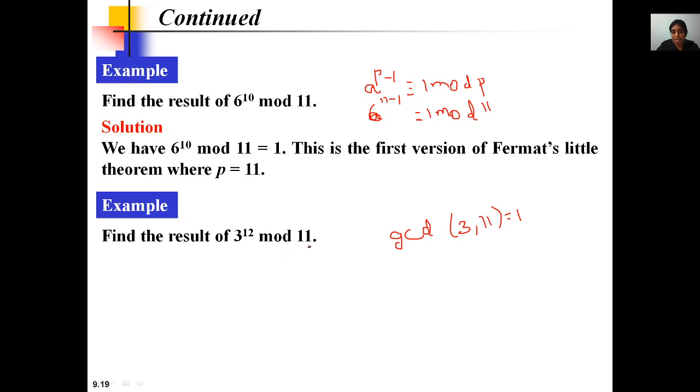So yes, they are equal to 1. Then you can see that the exponent is greater than 11. So this exponential value can be written as 3 power 11 into 3 mod 11. You can write this as 3 power 11 mod 11 into 3 mod 11.